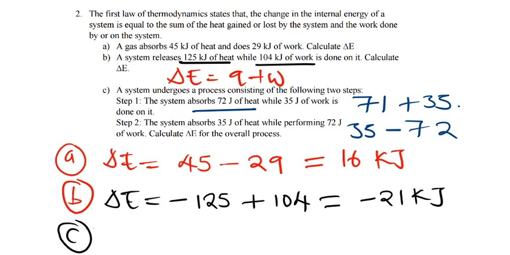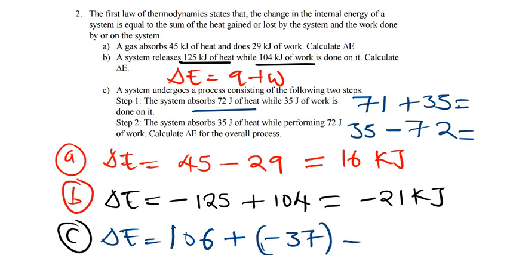So in short, for change in internal energy for the 2 steps, step 1 has its own answer, step 2 has its own answer, and then you get to add them. So 71 plus 35 for the first one gives us 106, plus the other one, which is 55 minus 72, gives us minus 17.